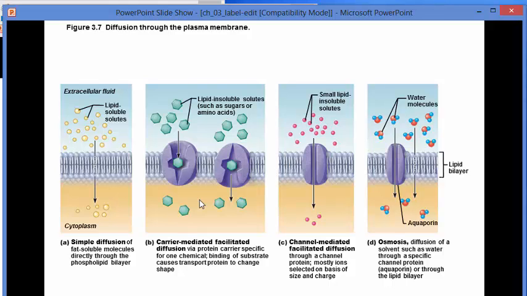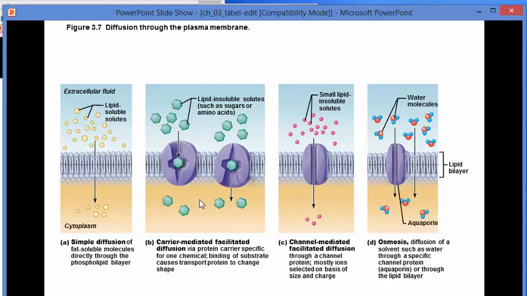So for example, when you spray perfume from one side of the room, it will diffuse and move to the other side. Or if you pump this room full of gas and you opened up the door, which way would the gas go? Outside, because you have a high concentration inside and a low concentration outside. So that's that.